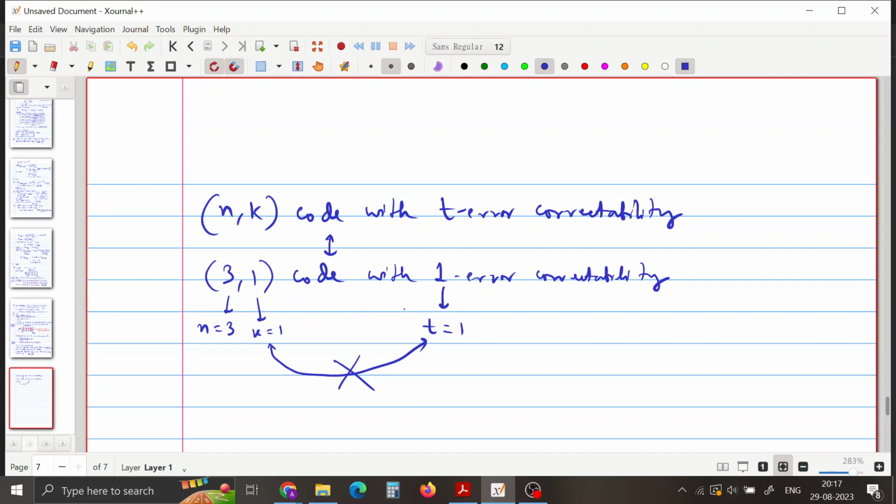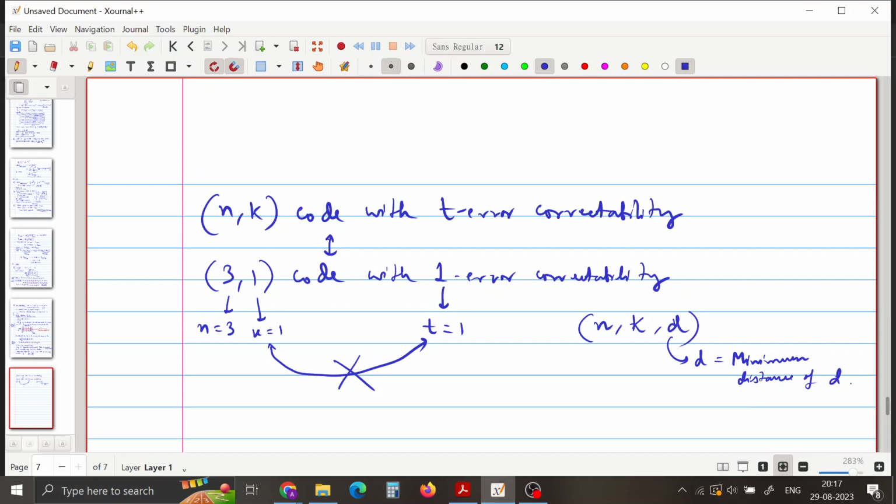Okay, t is actually, if you have studied some more information theory or error control coding, t is related to something called the Hamming distance or minimum distance of a code. Usually we also specify another parameter, (n,k,d), where d is the minimum distance of the code.